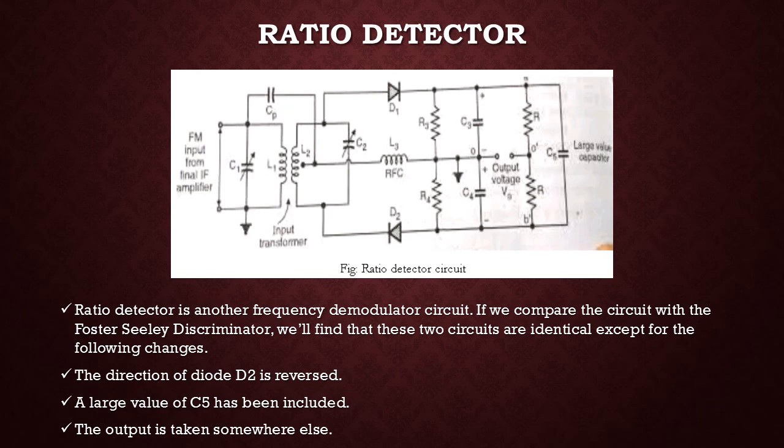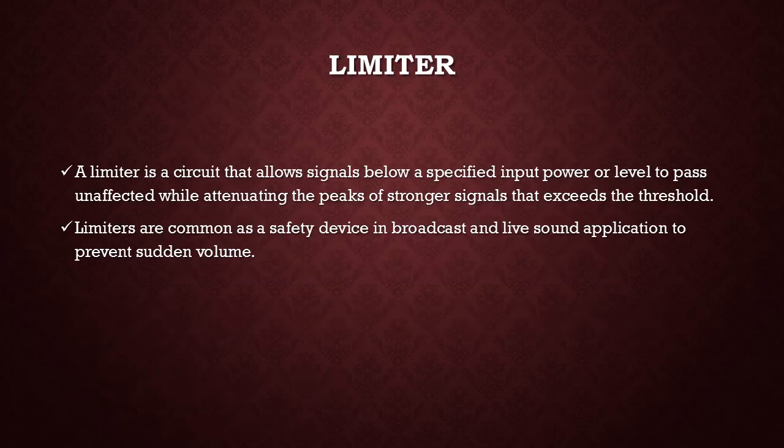And now the question is, what is a limiter? A limiter is a circuit that allows signals below a specified input power or level to pass unaffected while attenuating the peaks of stronger signals that exceed the threshold.